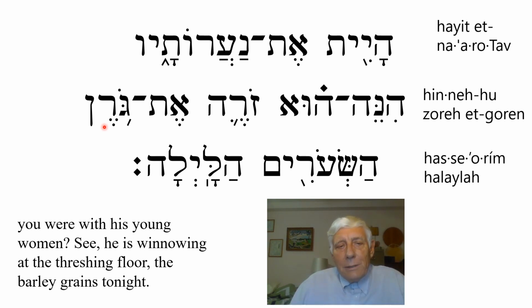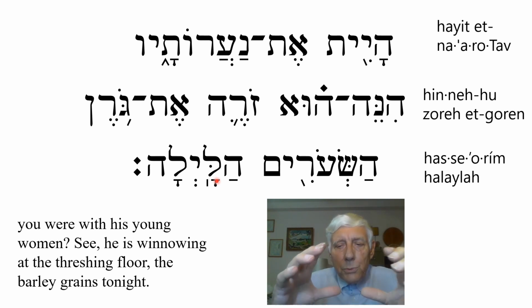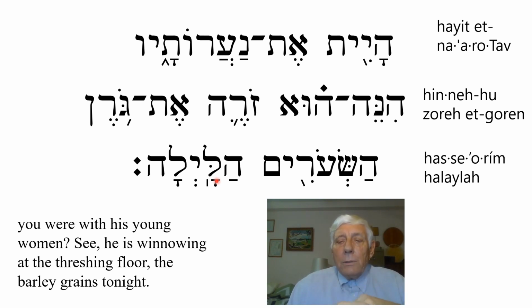background here of Goren. Okay, Ashorim. This is the barley grain. It's the plural of barley, the grain that has the hair. Alila, in this night. Okay, tonight's going to happen. There comes time in our lives when we have to make a decision. Things come to an important crossroads, an important spot, and that's what's happening now with Naomi, with Ruth, now with Boaz.